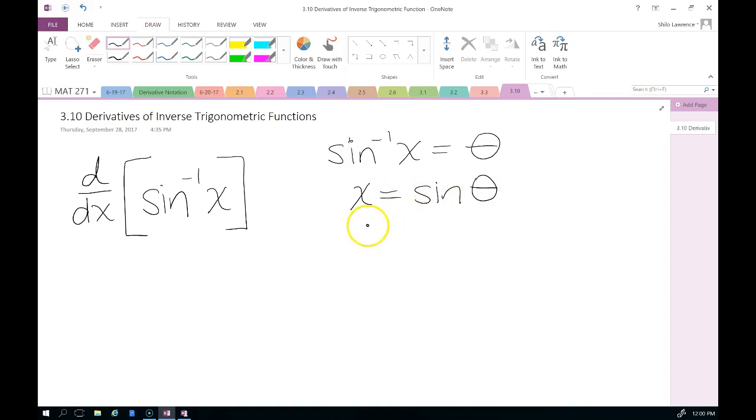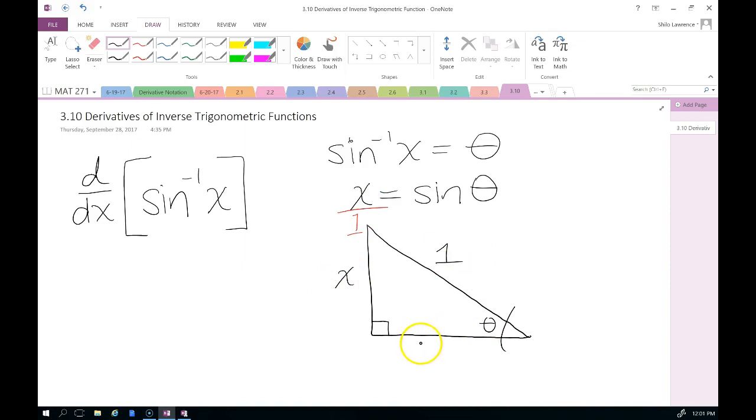And we can draw a triangle that exhibits this behavior. Usually sine is a fraction. It represents the sides of a right triangle: the opposite over the hypotenuse. So I can rewrite this as a fraction by putting x over 1, and I'm going to label this angle as theta. This fraction is telling me that the opposite side is x and the hypotenuse is 1.